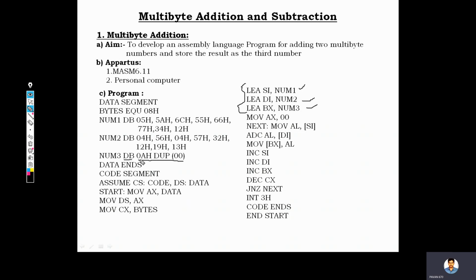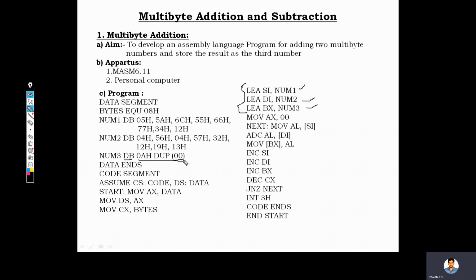What it is doing is, under the name of num3 we are creating some temporary storage locations. How many? 0AH means around 10 temporary locations to hold the result. Each location is initialized with zeros, to avoid garbage values and unexpected conflicts.